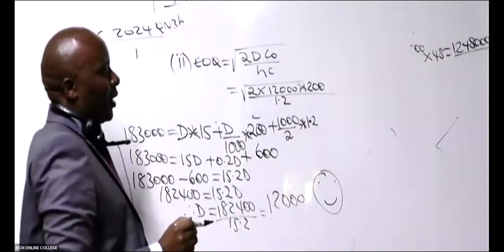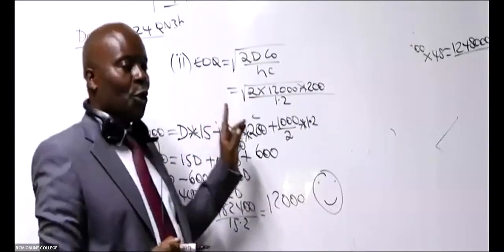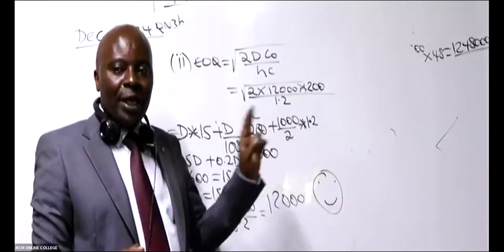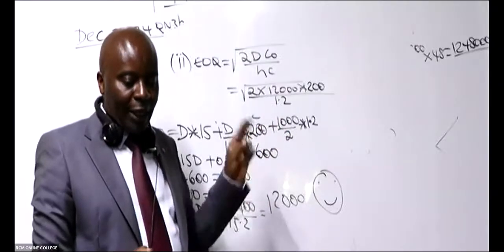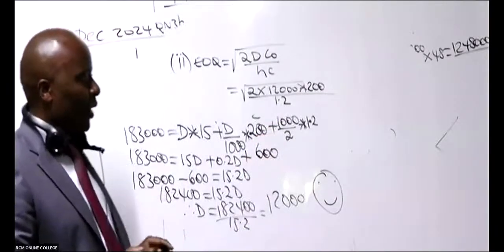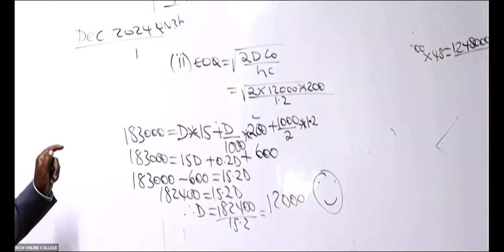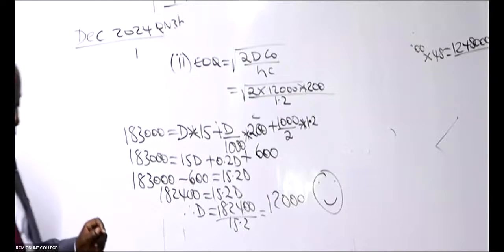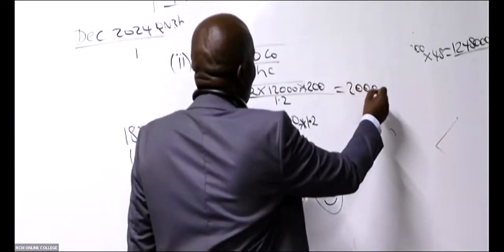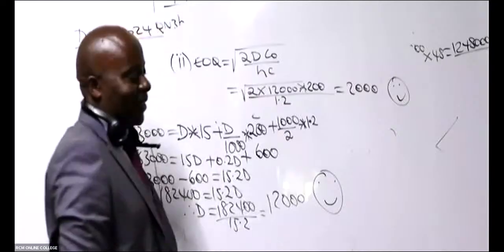First we forget the square root: 2 times 12,000 times 200, and whatever we get, we divide by 1.2. At the end we take the square root, which gives 4 million, and the square root gives us 2,000. Great. So far, we are all smiles.